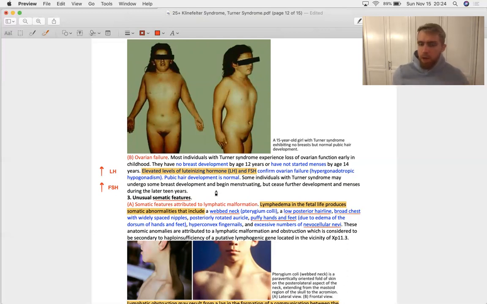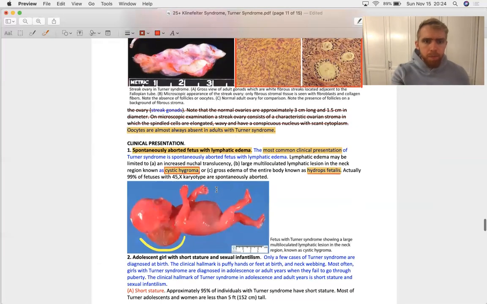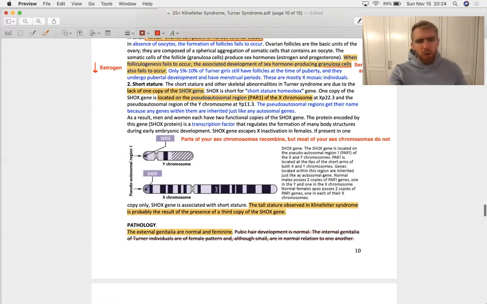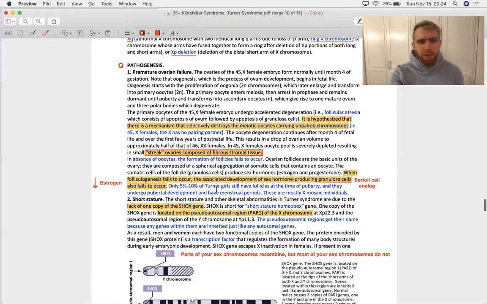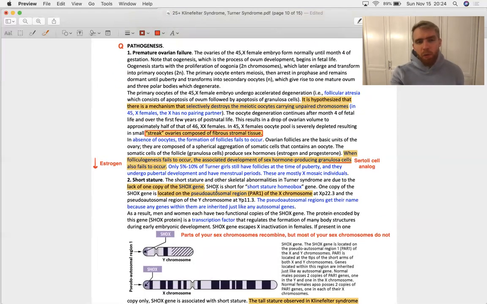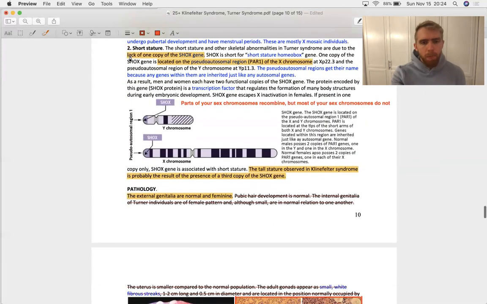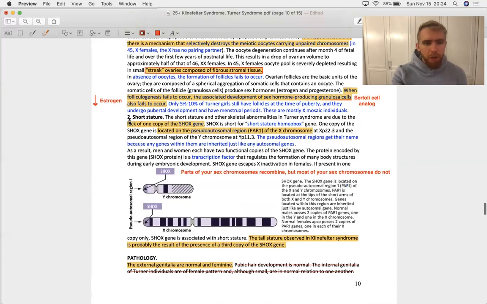They'll be puffy, but it won't be pitting edema. Low hairline, broad chest. So that's the two big things you want to know about Turner syndrome for this SDL, because whenever we walk through the pathogenesis, we're really looking at the short stature.